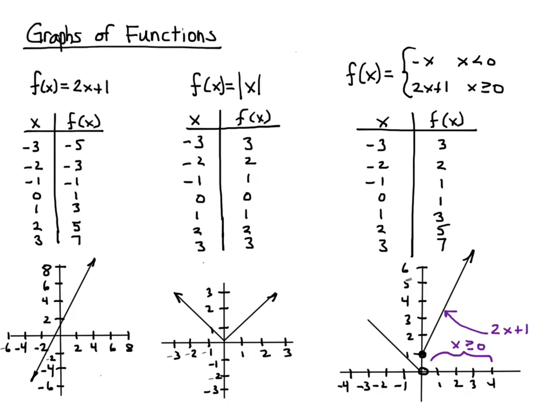Now, you have to be really, really careful that you extend the definition of this side all the way to the axes, that this does not go over in a straight line and go up like this. You have to recognize that your domain in that first line goes all the way, but not including 0.